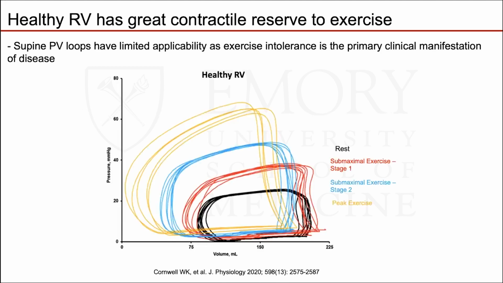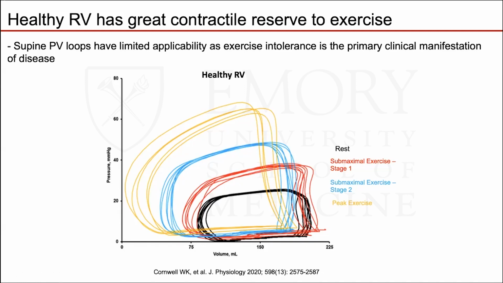What about RV stress testing? This is a concept that has been previously used in pulmonary hypertension patients, but maybe we should test it in patients with valvular heart disease. So as we know, a healthy RV has a great contractile reserve. So with several increasing stages of exercise, the ESPVR rises.